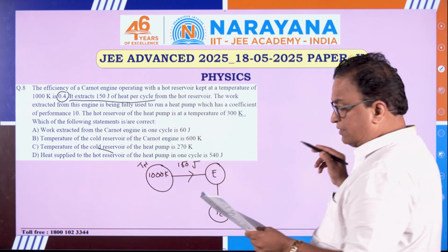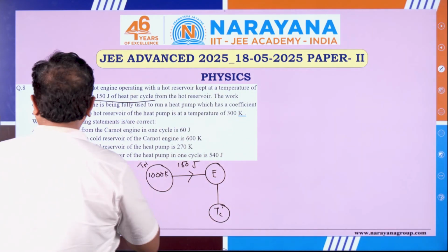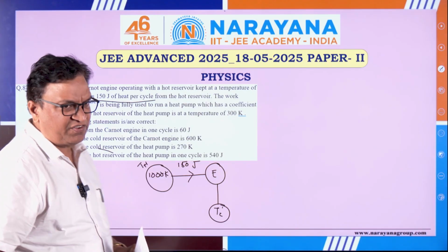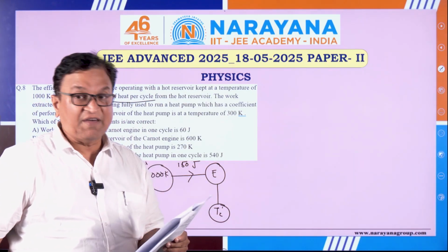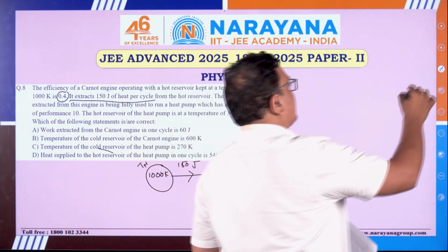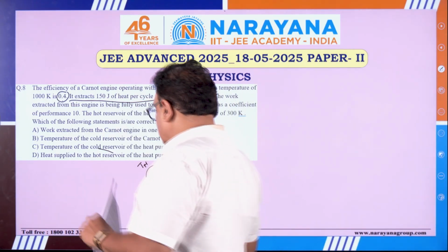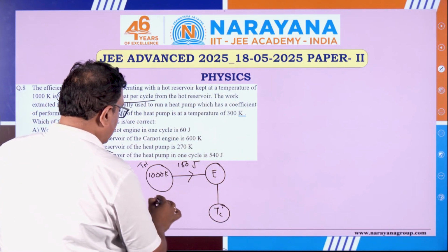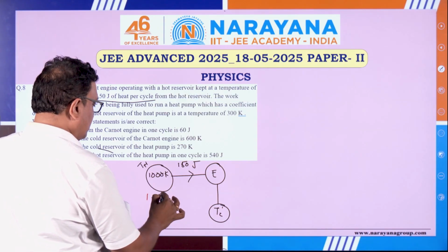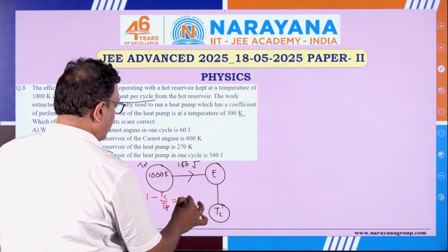One more important point is required: you want to calculate the work part also. Let me first use what is given. Efficiency is 0.4. I'll change the color of my pen to give you more clarity, so you may not be confused with the data. 1 minus T cold by T hot is 0.4.